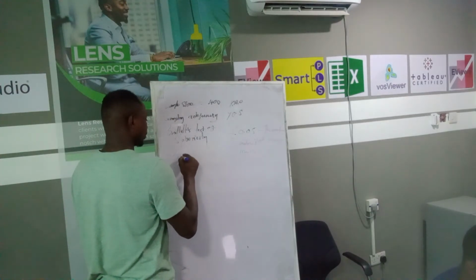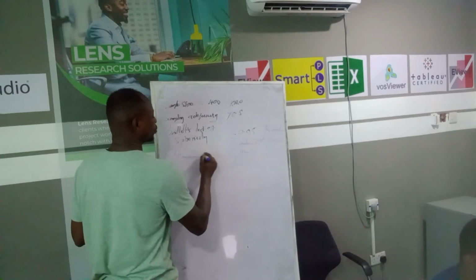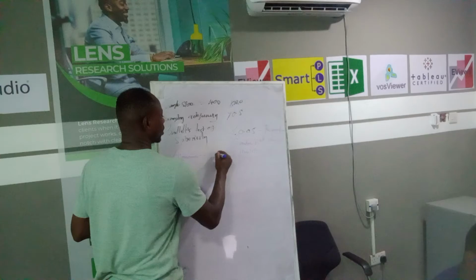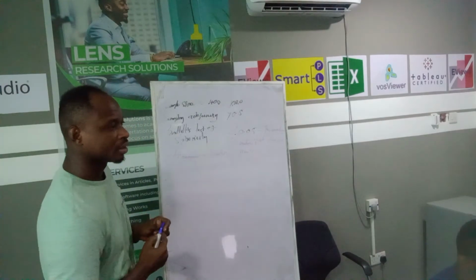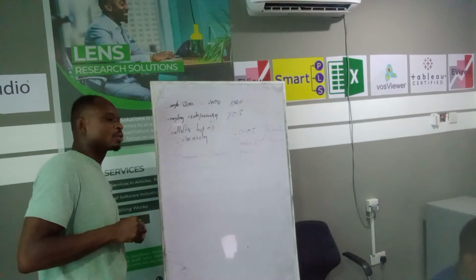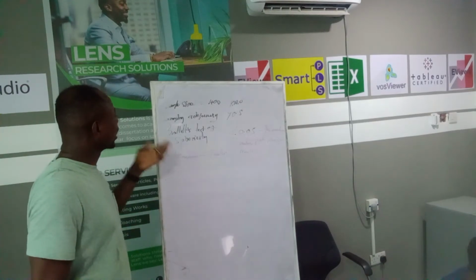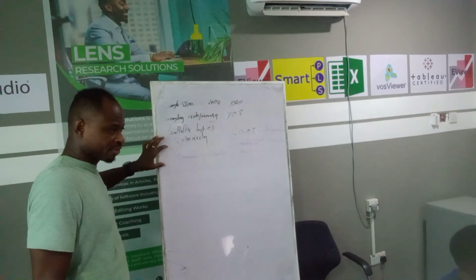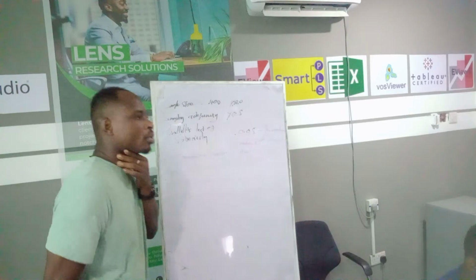A minimum of 4 variables should form a factor. The term factor is the same as construct. When I say factor, I mean construct.